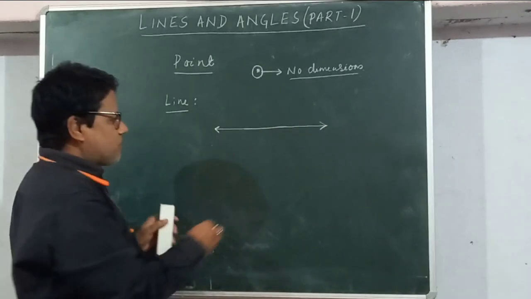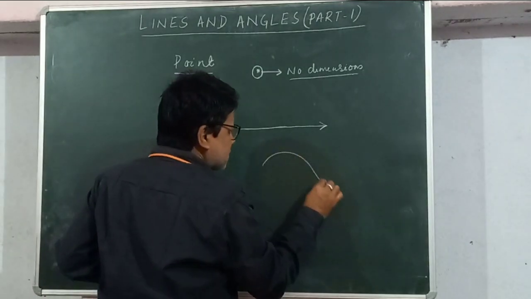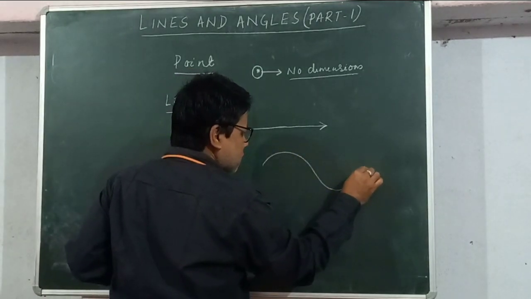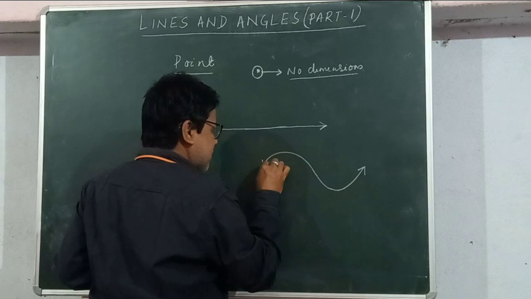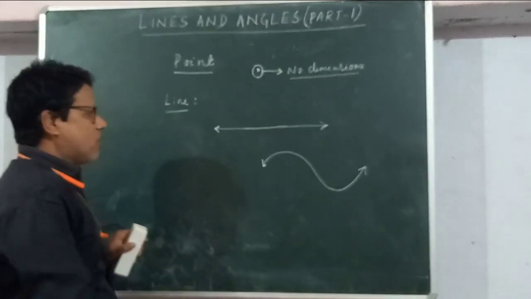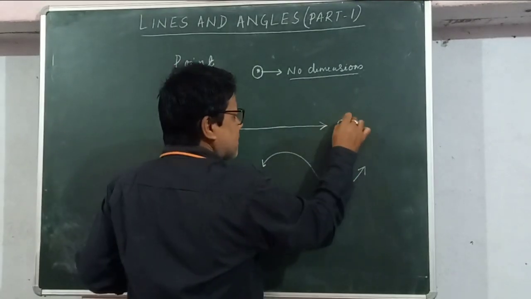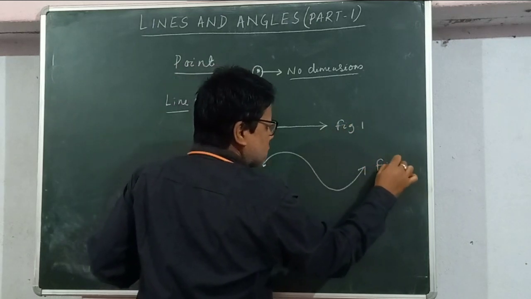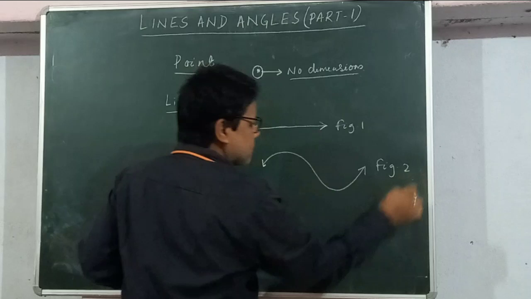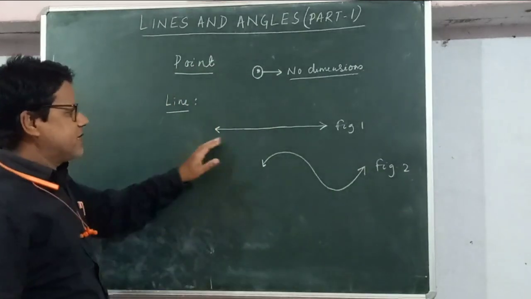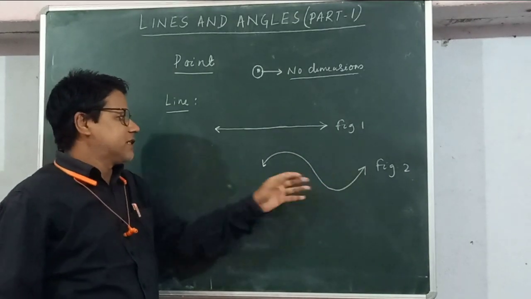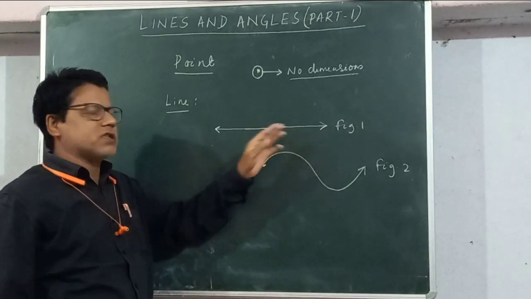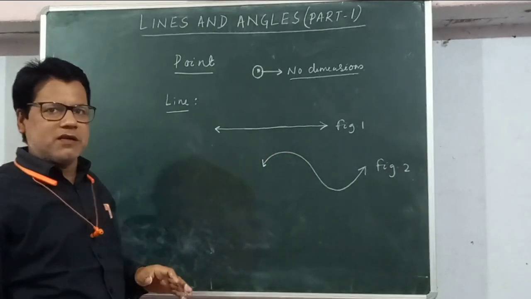Suppose we are drawing a path like this, or a path like figure 1, or a path like figure 2. The two arrow marks show that it can extend indefinitely.